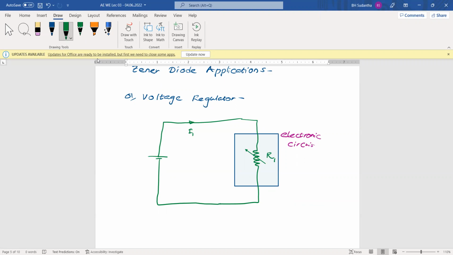You can consider that this time it's a different resistor value. Because of this different resistor value, the current has changed to a different current. Now from the circuit, you are taking much more current to provide much more power to the output. What I want to say here is that depending on the work done by this electronic circuit, from time to time, this load current will be varied.